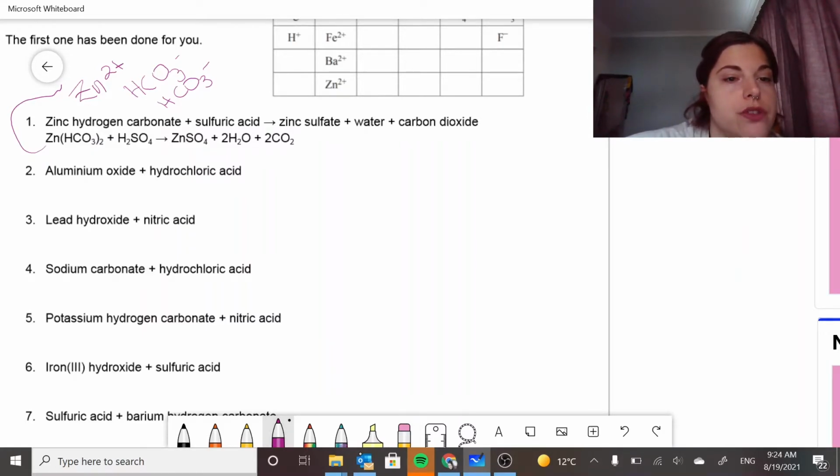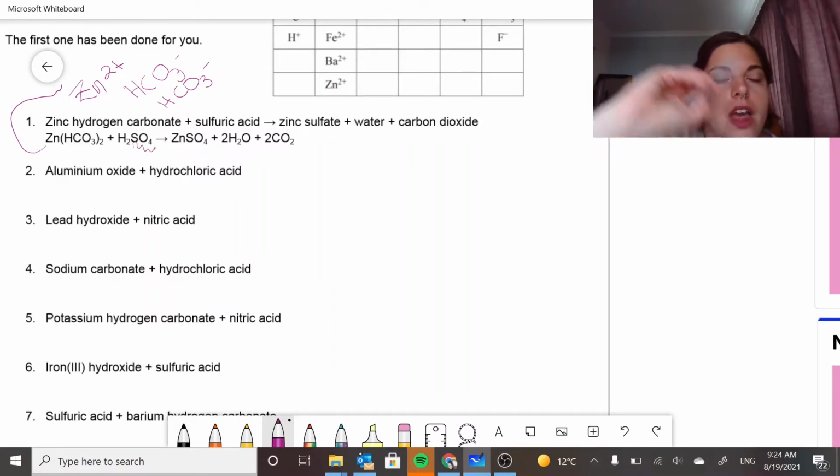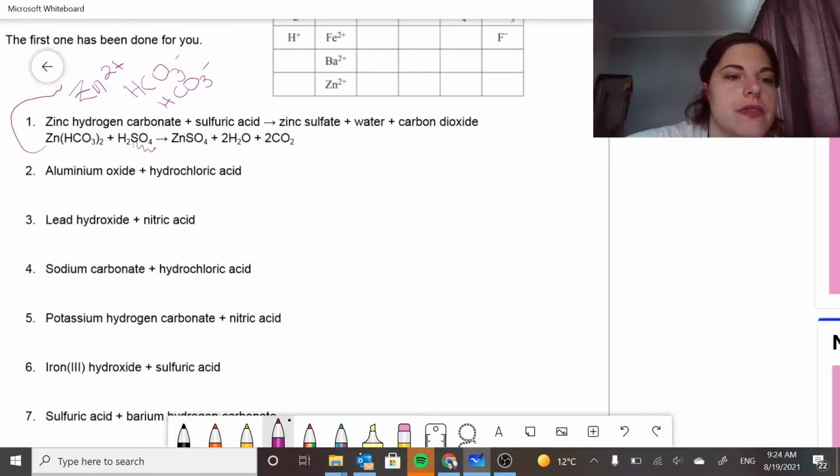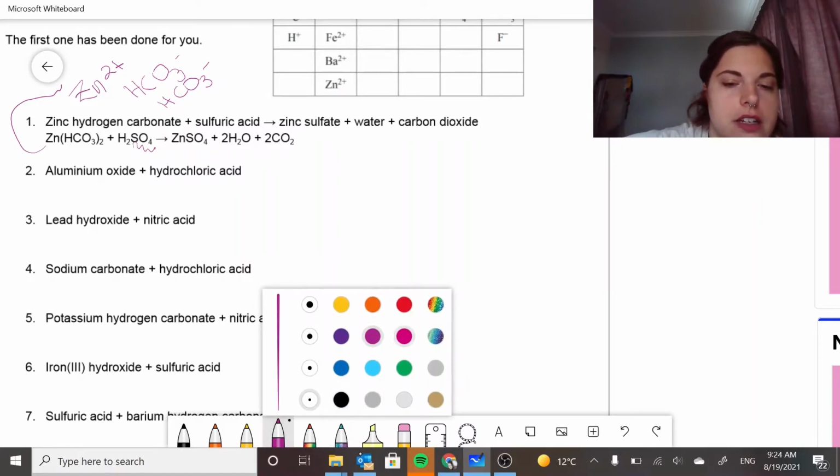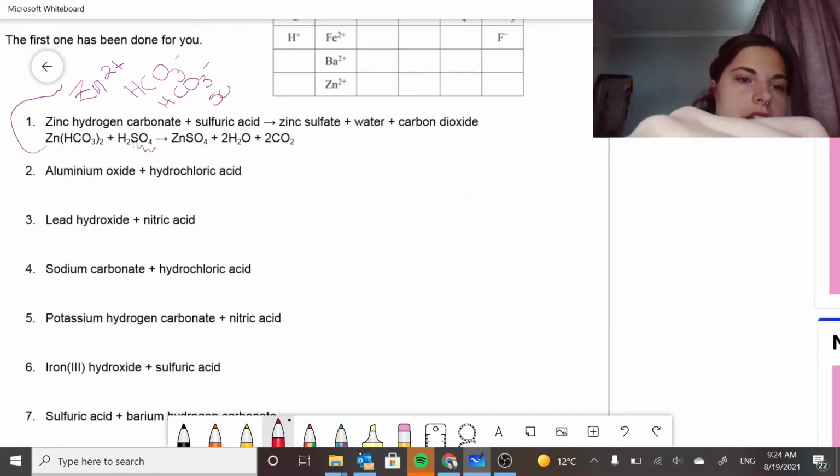Now, if we move on to sulfuric acid, you will see SO4. Thinking about our ions, I'm going to change color. So SO4 is SO4 2 minus.